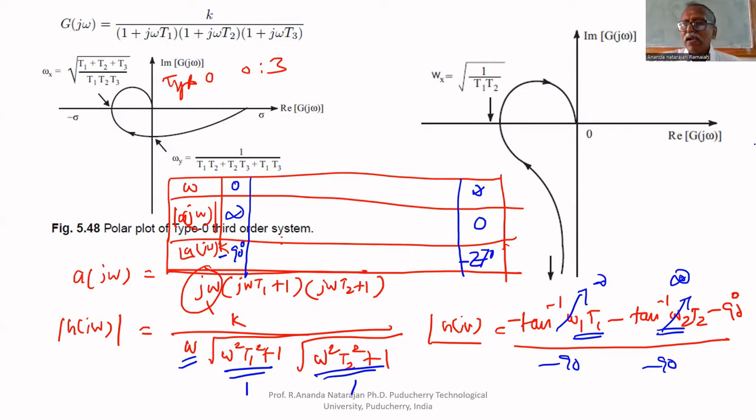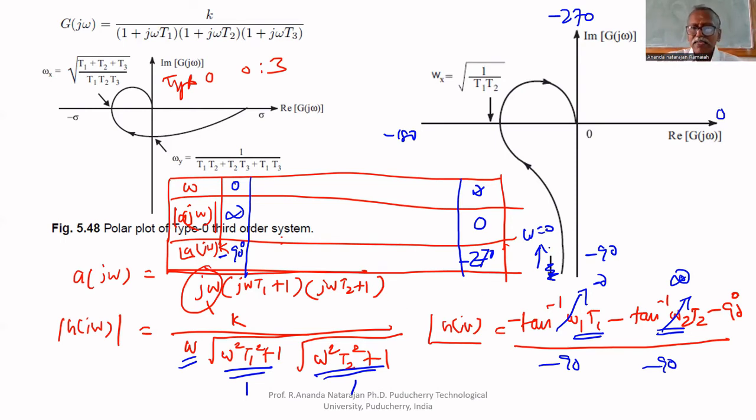So what is the angle here? This is 0, minus 90, minus 180, minus 270. It starts at omega equal to 0, where its magnitude is infinity, and the angle is minus 90.